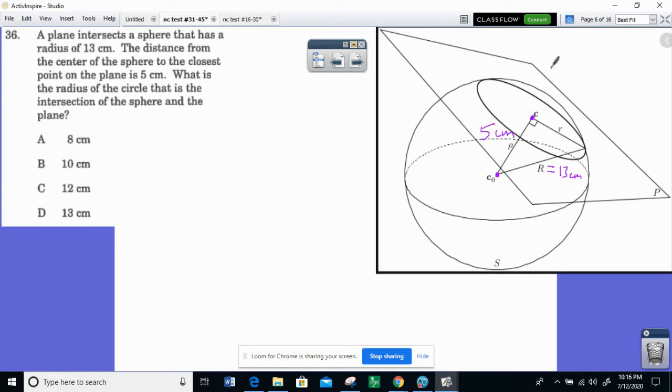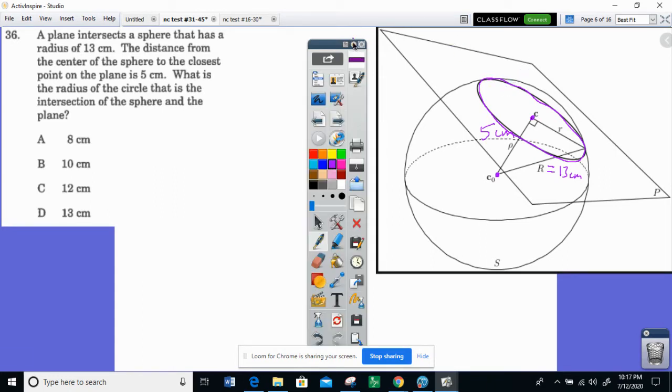So here's the plane. This says P right here because that's the plane, and then it's intersecting the sphere to form this circle. And then it says, what is the radius of the circle that is the intersection of the sphere and the plane? So in other words, what is this value right here?